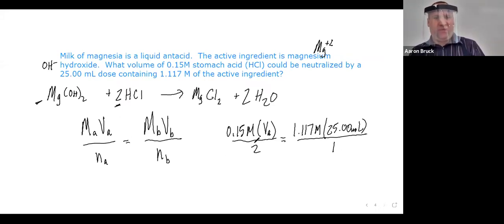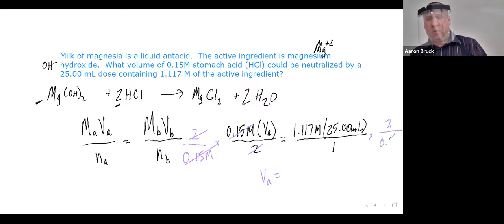To solve, I'm going to need to multiply both sides of the equation by 2 and divide both sides of the equation by 0.15 molar. That'll get the 2's to cancel, the 0.15 molars to cancel over here. I'll be left with just the volume of acid. On this side, 2 over 0.15 molar. I'm going to get the molarities to cancel.